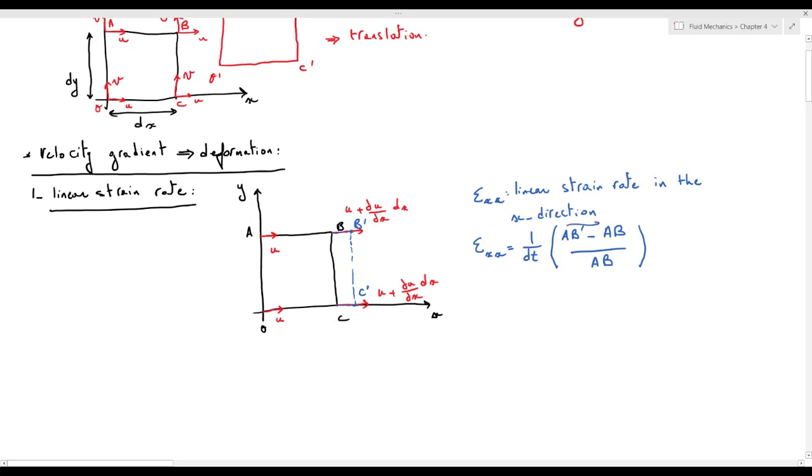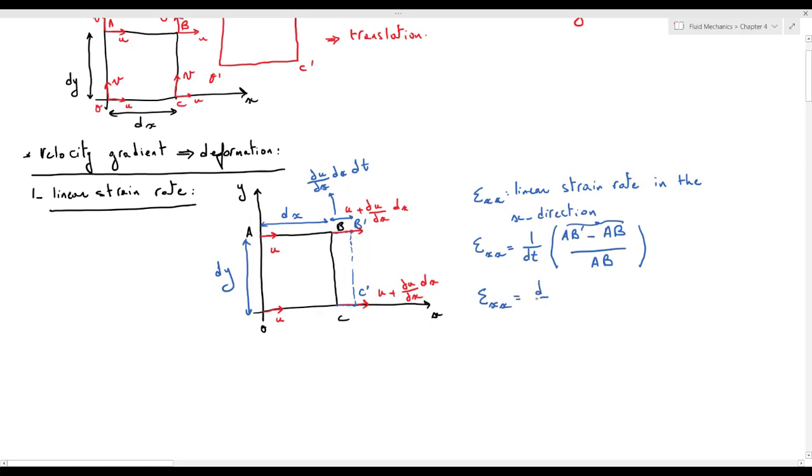So AB prime minus AB is just BB prime, the distance between B and B prime. So this distance is due to the velocity gradient term del u over del x dx. So we should multiply it by dt in order to obtain the distance BB prime. So the distance, of course, from A to B is dx, and from O to A is dy, the original lengths of AB and OA.